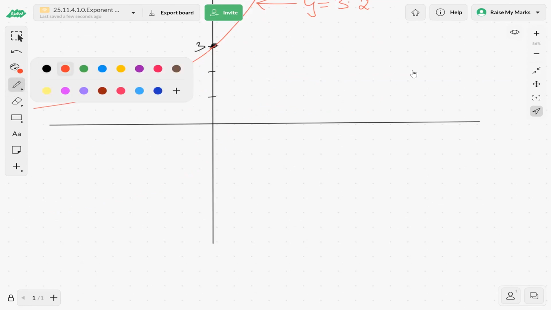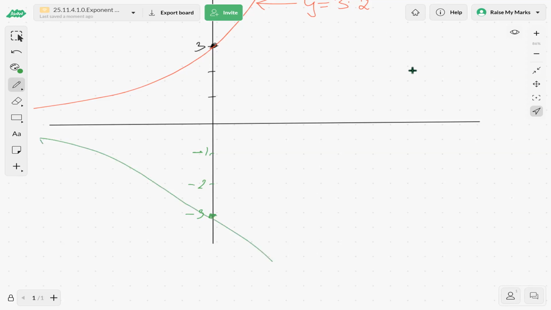So if we do that reflection, let's use green. We take that red curve and reflect it in the x-axis. So where do we end up? The curve looks something like that. So y equals negative 3 times 2 to the power x. Okay, so we're getting there.